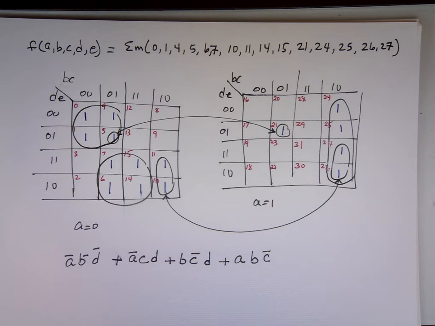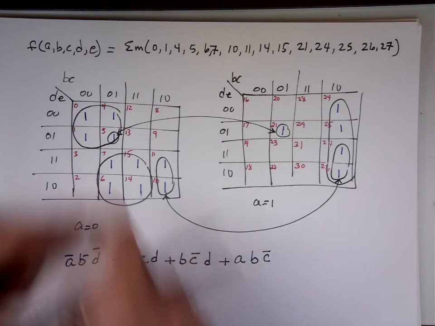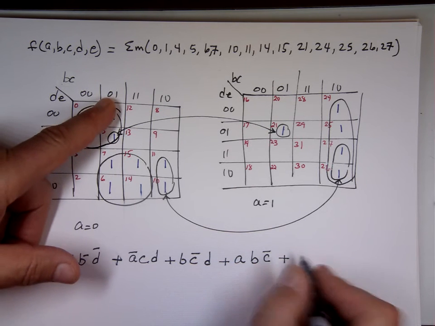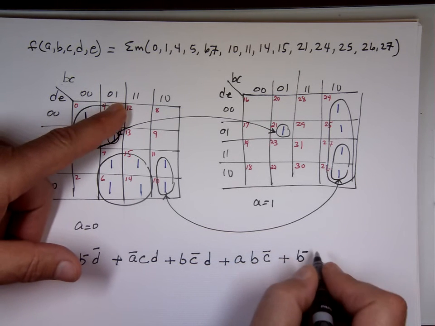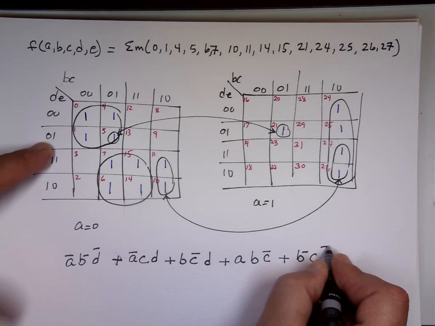And the last one is this one here. I'm taking it with this one, so A is changing, A is gone. B is 0, that's B naught. C is 1, that's good. D is 0, that's complement. And E is 1.